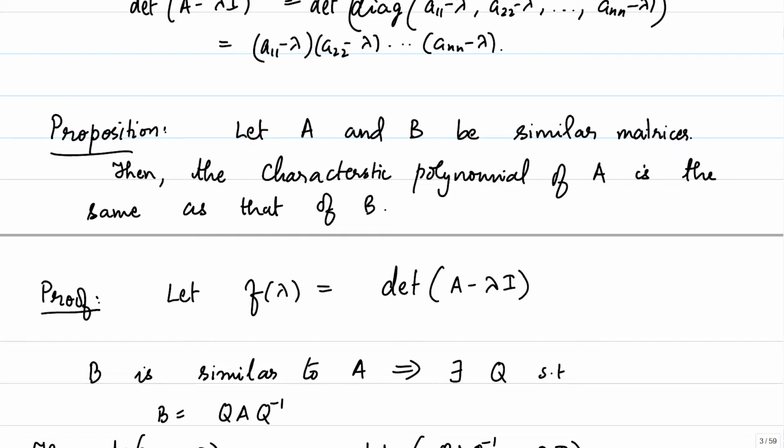There exists some matrix Q such that B is equal to QA Q inverse. And what this proposition tells us is that the characteristic polynomial of A and B is the same.